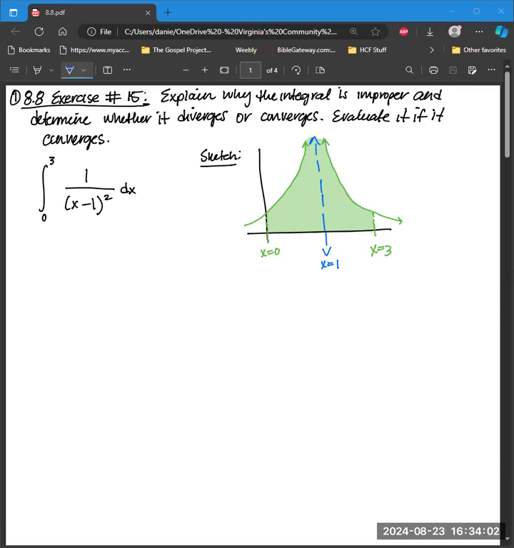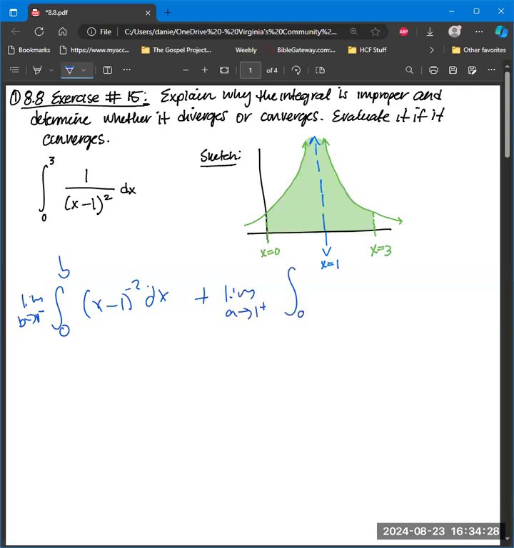So there's an infinite discontinuity at x equals 1 that I'm going to have to remove by splitting it: the limit as b approaches 1 from the left of the integral from 0 to b of (x minus 1) to the negative second dx, plus the limit as a goes to 1 from the right of the integral from a to 3 of (x minus 1) to the negative second dx.